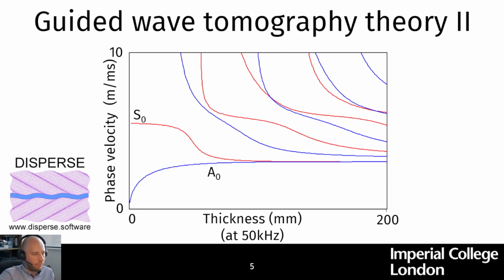So send all these waves in different directions, produce a map of velocity somehow, and then we can convert that velocity map into thickness by using this dispersion curve, this relationship, as a sort of lookup table, if you like. You can interpolate, go along from phase velocity, look up what the corresponding thickness is. And that's quite a common approach that's been used for many years in guided wave tomography.